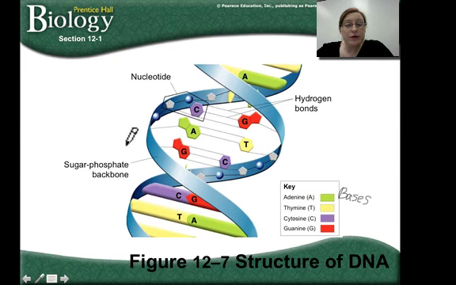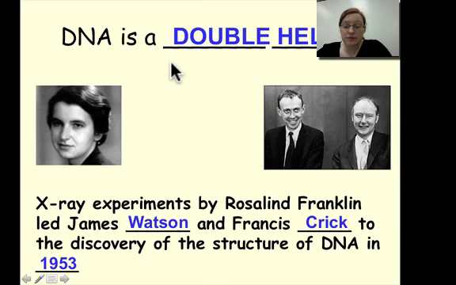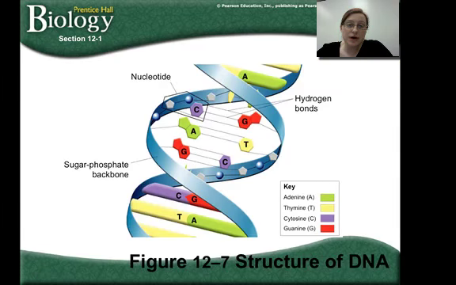Okay, when we group a sugar, a phosphate, and a base together, that's going to form a nucleotide. And remember, this was the monomer of our nucleic acids.